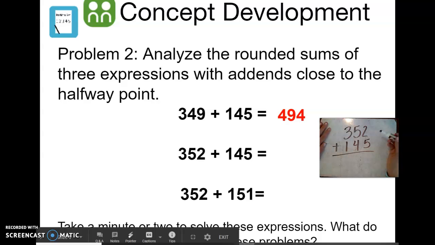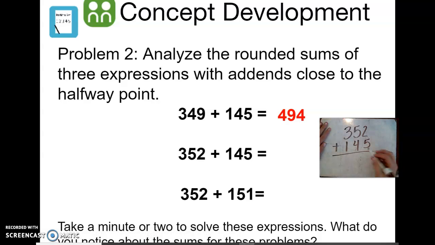This is what problem number 2 would look like. 2 plus 5 is 7. 5 plus 4 is 9. 3 plus 1 is 4. 497. Let's check our work.